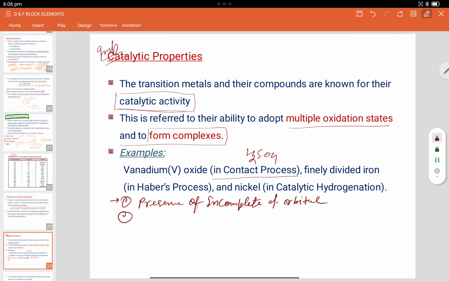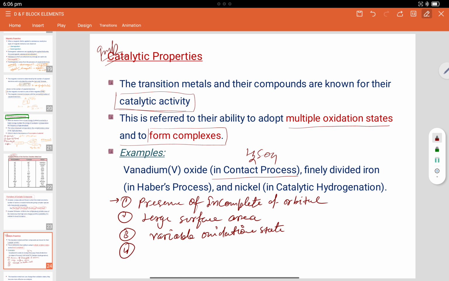Number two, large surface area. Number three, variable oxidation state. And number four, ability to form complex.